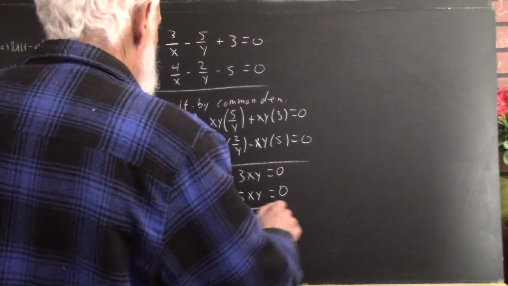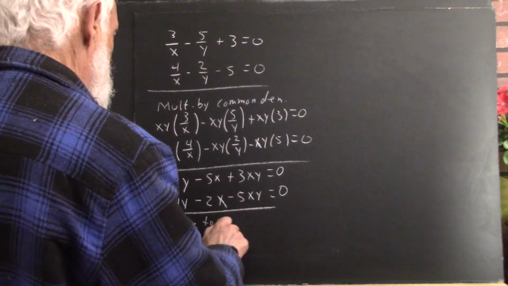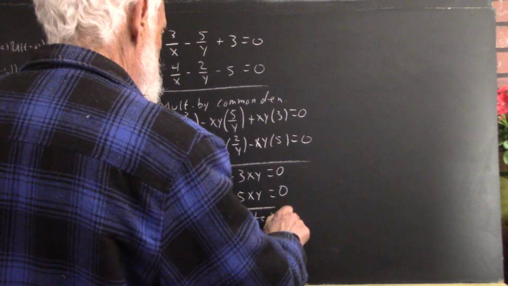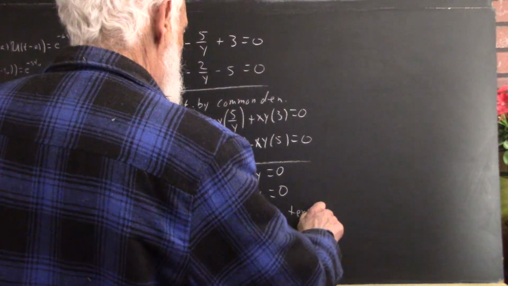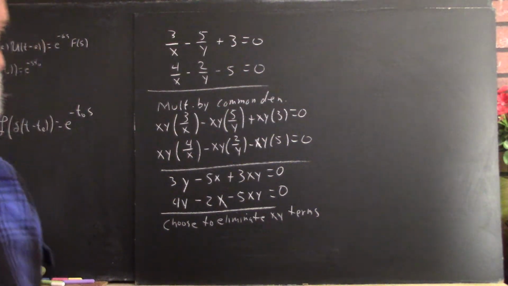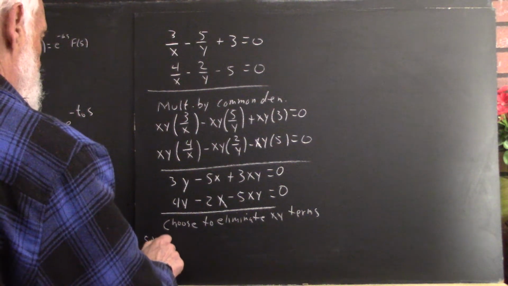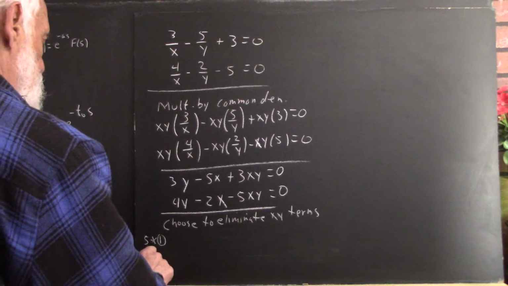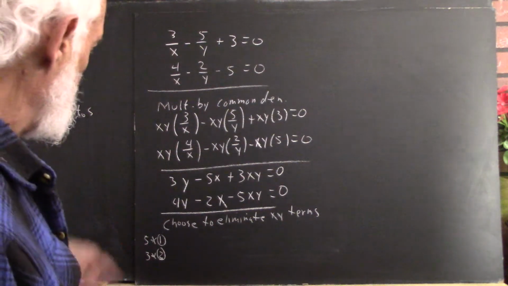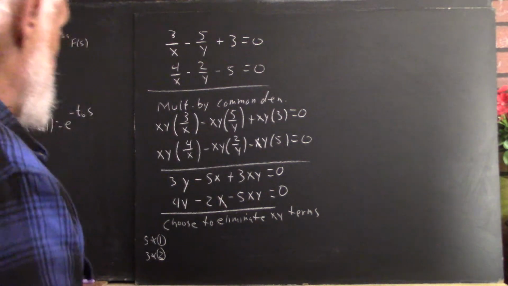So I'm going to say we choose xy terms. We multiply 5 times the first equation and 3 times the second equation, and that's going to give us a 15xy here and a negative 15xy here.